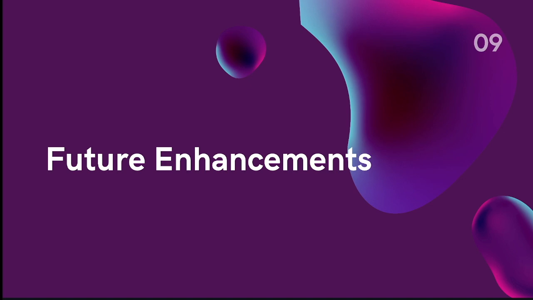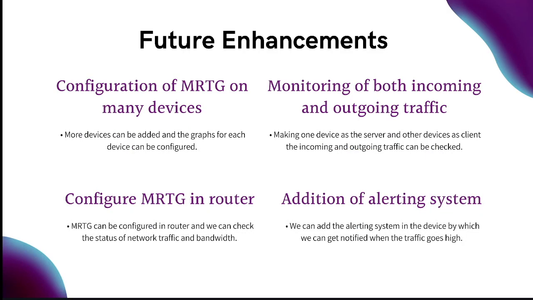In our future enhancements, we have included configuration of MRTG on many devices, not only on our laptop, but also on devices like routers and other devices, making one device the server and the other device the client. So, monitoring of both incoming and outgoing traffic.